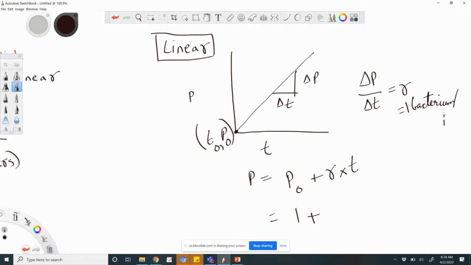Then your population, if this were true, I'm going to say later that it's not true, but if it were true, then your population would be your initial population 1, initial number of bacteria, plus 1 times, let's say, 5 hours. So 6 bacteria.